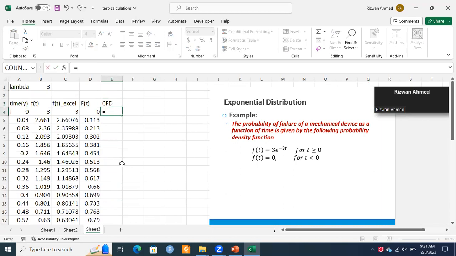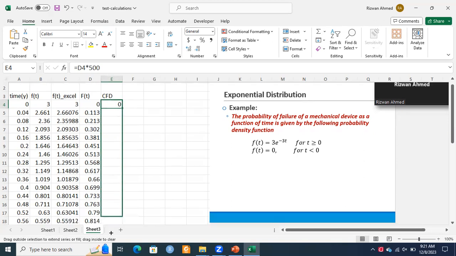I can only say that this probability times 500. So no component will fail at the moment you start it, right? Out of 500, how does it go?